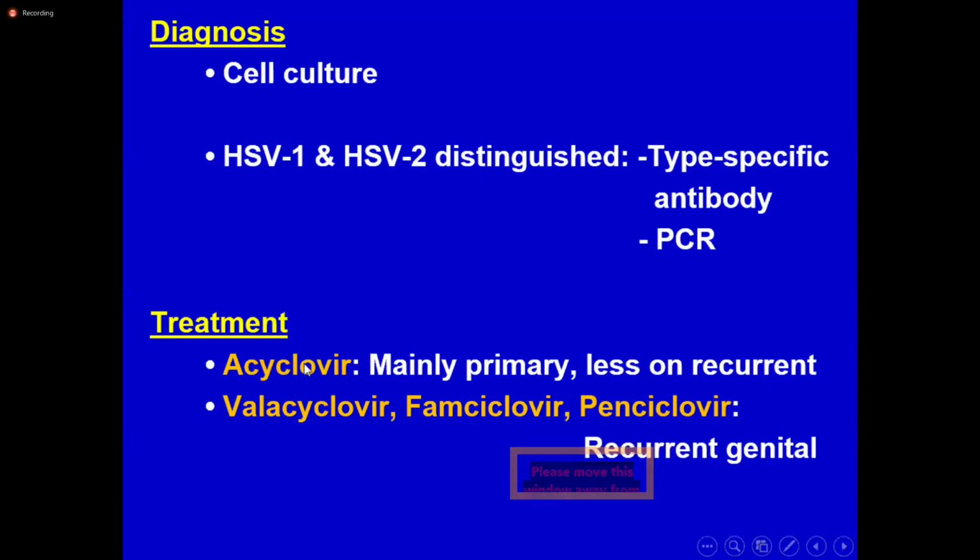Valacyclovir, the same as acyclovir, but more effective, is called valacyclovir, famciclovir, and penciclovir for recurrent genital ulcers. These drugs are very common and you should know them.